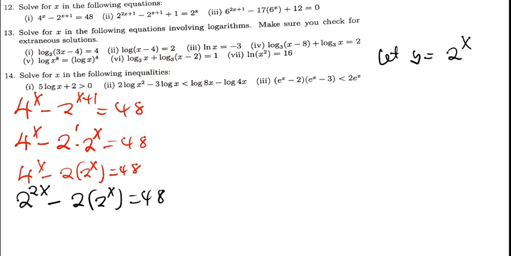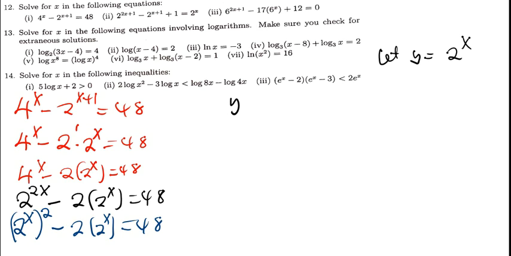So now where there is 2 to the power x, let's replace it with y. This is basically the same as 2 to the power x, then everything again raised to the power 2, minus 2 to the power x, is equal to 48.